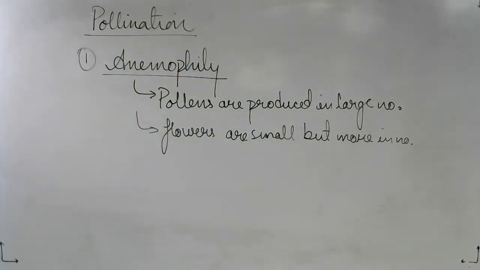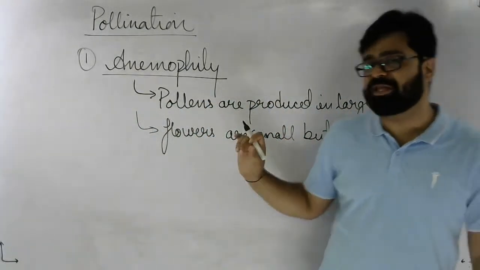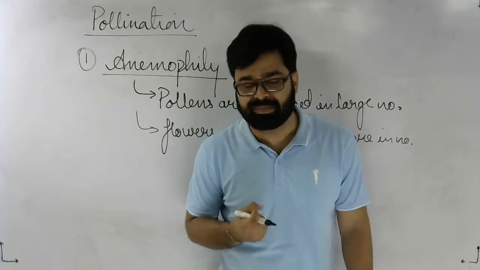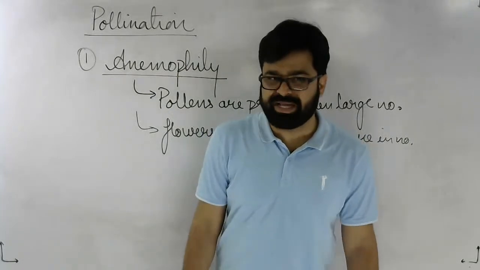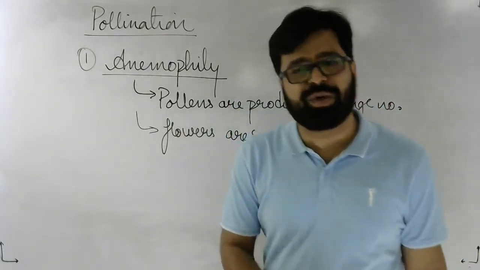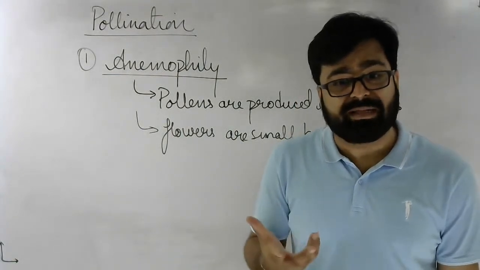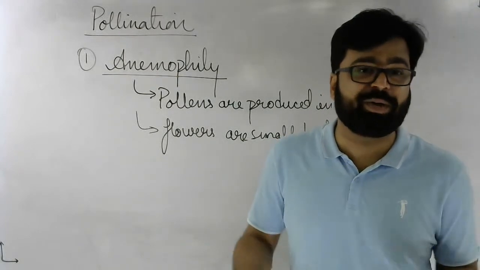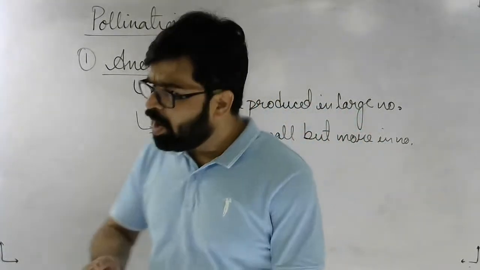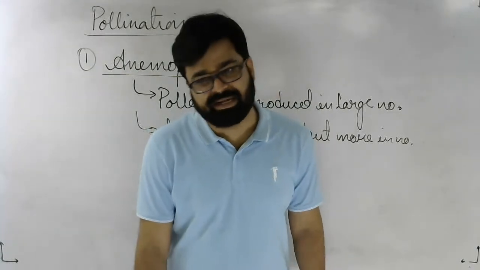Coming to the next feature. अच्छा, यहाँ पे एयर विंड की हेल्प से पॉलिनेशन हो रहा है, तो इसके फ्लावर्स को ज्यादा ब्राइट कलर्स के पेटल्स भी नहीं चाहिए टू अट्रैक्ट दी बायोटिक एजेंसीज, इंसेक्ट्स, बर्ड्स, ये सब नहीं होगा, तो इसके फ्लावर कलरलेस होंगे डेफिनेटली. फिर नेक्टर, स्मेल, ये भी नहीं चाहिए क्योंकि विंड को इन सब से कोई लेना देना नहीं है, ए बायोटिक फैक्टर. सो दैट्स व्हाई देयर फ्लावर्स आर small, colorless, smellless, do not have any nectar, right?